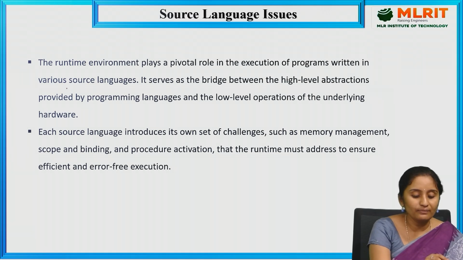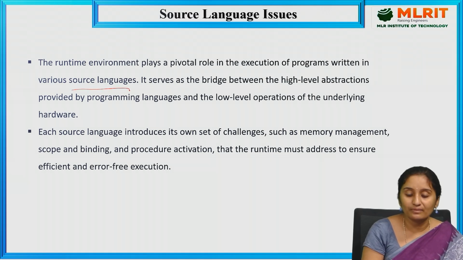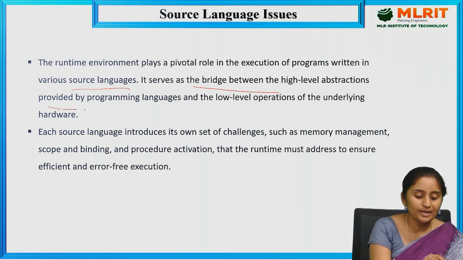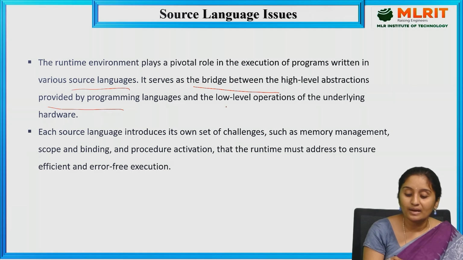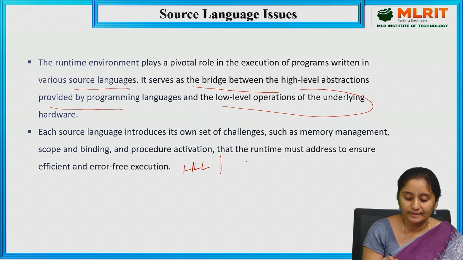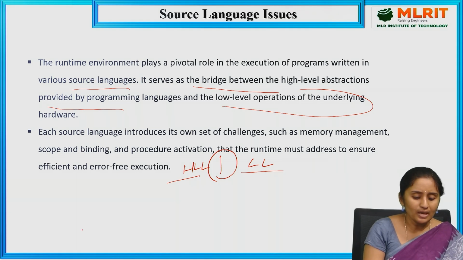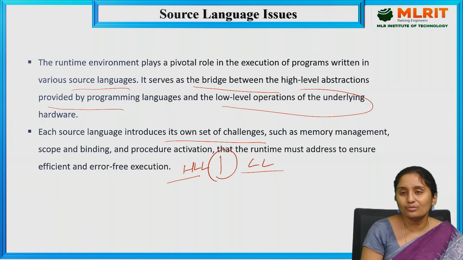Here the various source languages are there. The runtime environment is acting as the bridge between the high level abstractions provided by the programming language and the low level operations. Each source language introduces its own challenges.